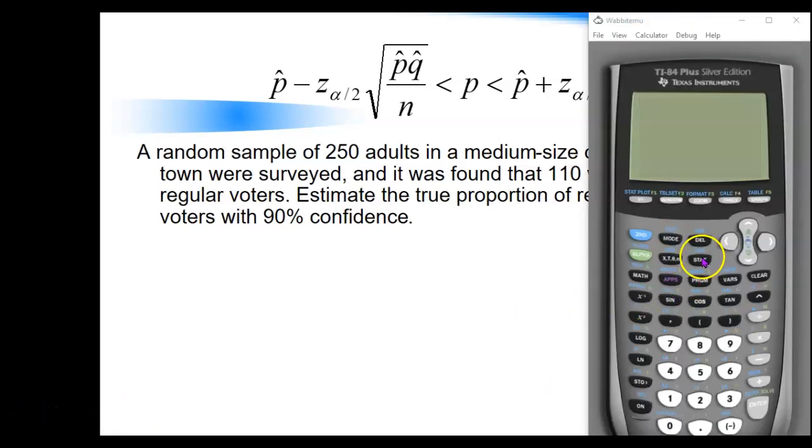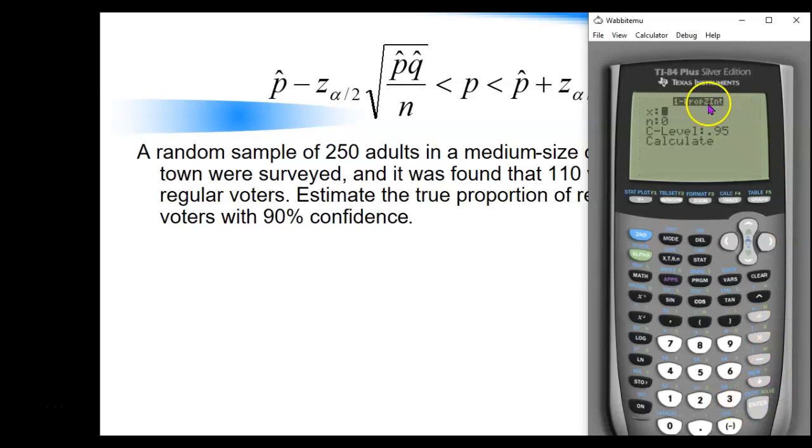So we need to push the Stat button, go over to Tests, and use the arrow button to go down to, at least on this model of calculator, choice A. It says 1-PropZInt. Prop for proportion, and this is a z interval.